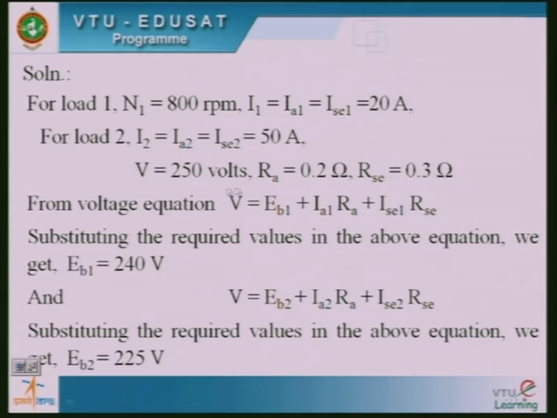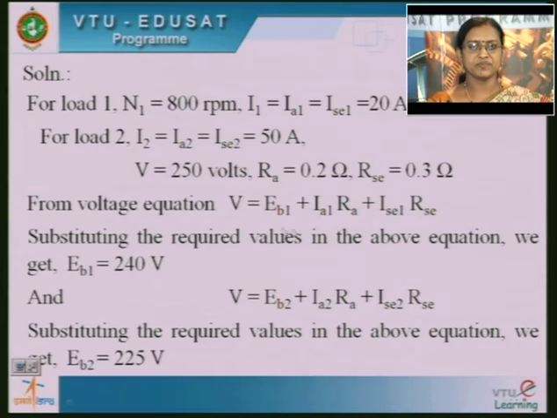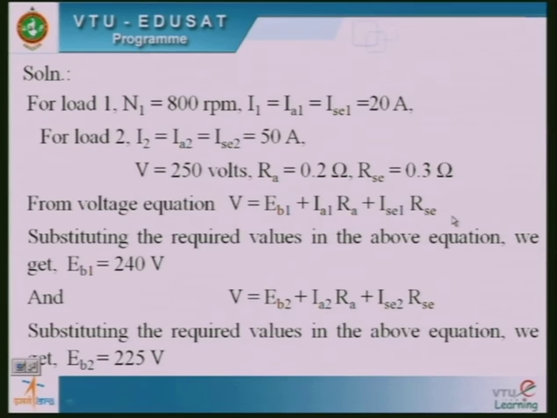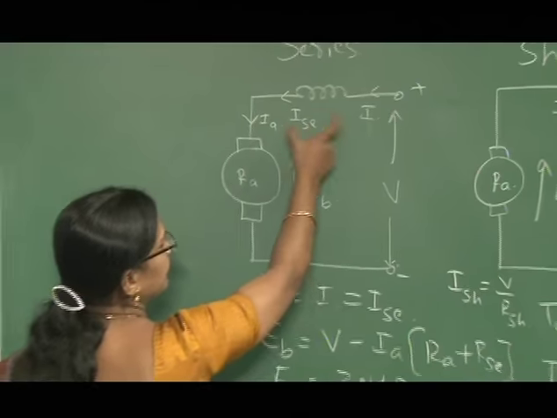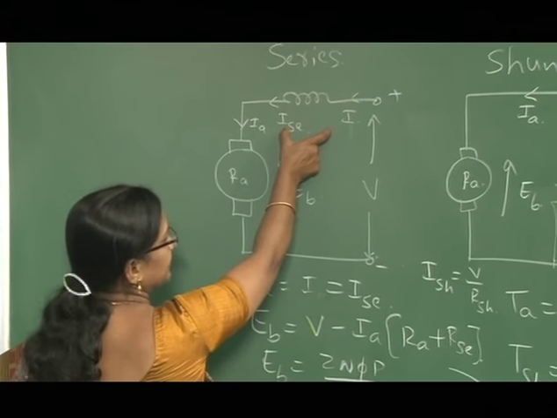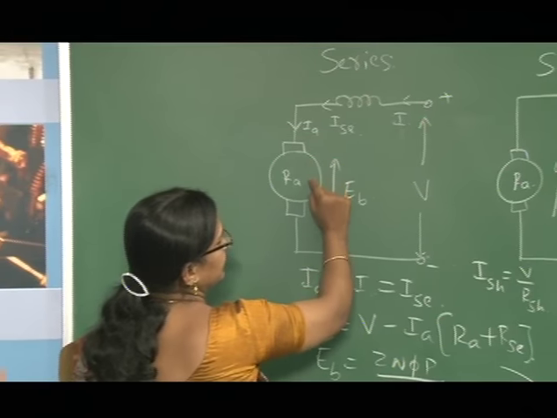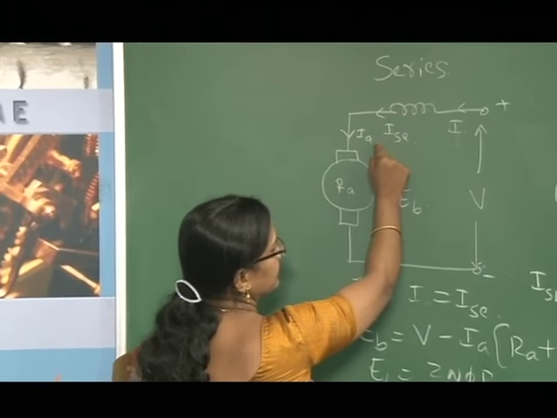The supply voltage given is 250 volts, the resistance of the armature given is 0.2 ohm and series resistance is given as 0.3 ohm. So we know that V, our supply voltage, has to overcome the back EMF and the drops. V is equal to EB1 plus IA1 RA plus ISC RSC, because both are connected in series. Since all are connected in series, I is equal to ISC is equal to IA.